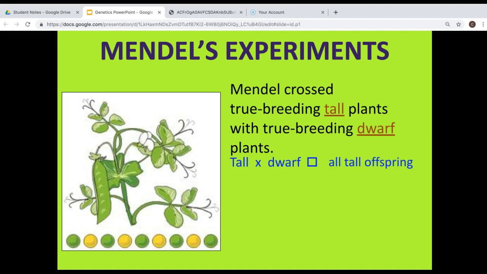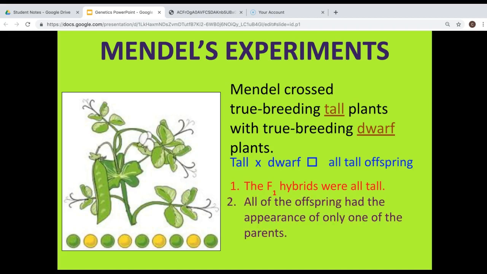That was kind of odd. So the F1 generation, the first group of offspring from the original parents, were F1 hybrids, and they were all tall. All the offspring had the appearance of only one of the parents, which was the tall plant.